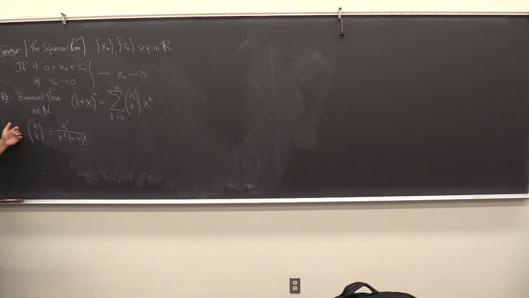It's the number of ways you can choose k objects from a set of n objects. Okay, you've got n different objects. How many different ways can you choose k objects from it?